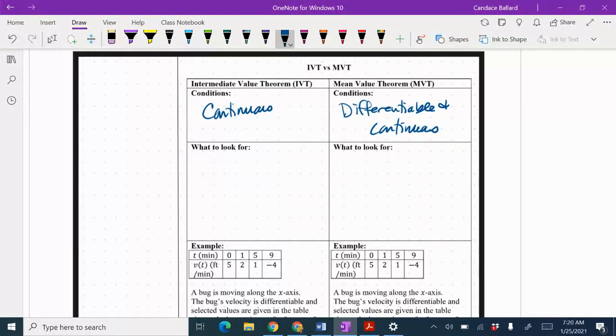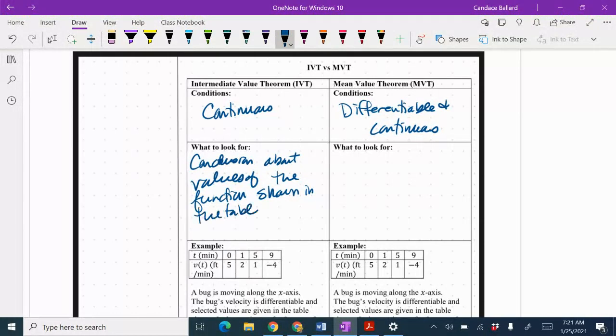So what to look for is a conclusion about values of the function shown in the table that are missing in a table.